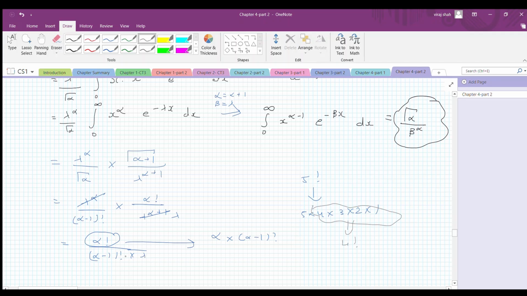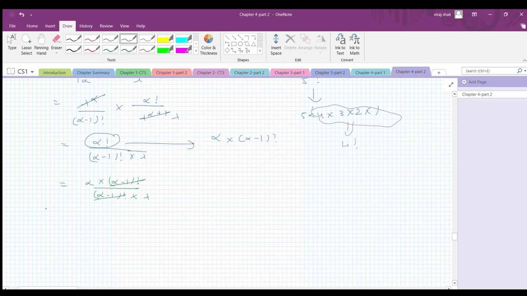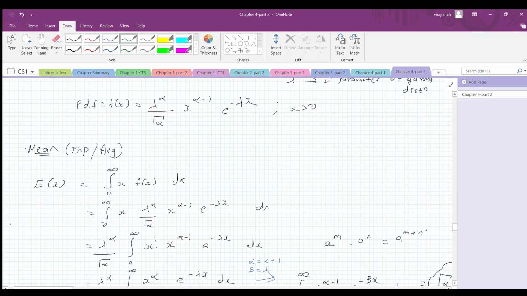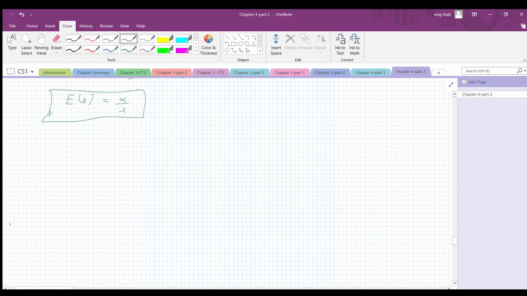So I can write this term as alpha into alpha minus 1 factorial upon alpha minus 1 factorial. The denominator remains as it is. I can cut this now, so I'm just left with alpha by lambda, the expectation of x. Okay, I got the expectation of x. I know this was a big derivation. Leave it. Now let's find the variance.